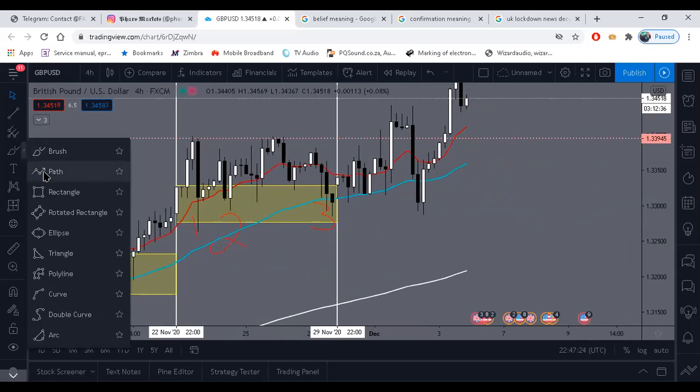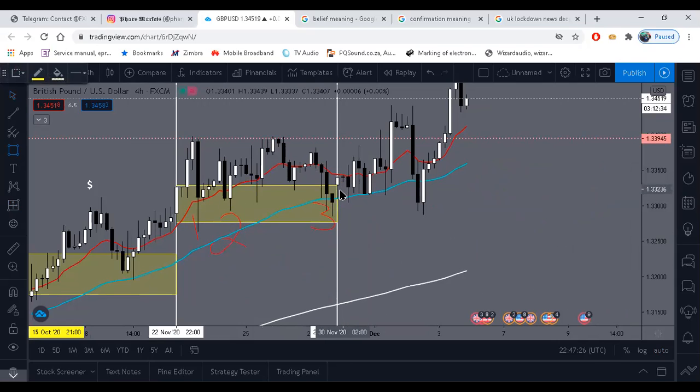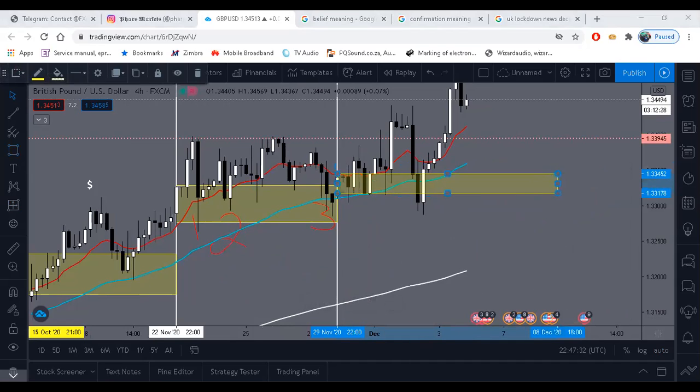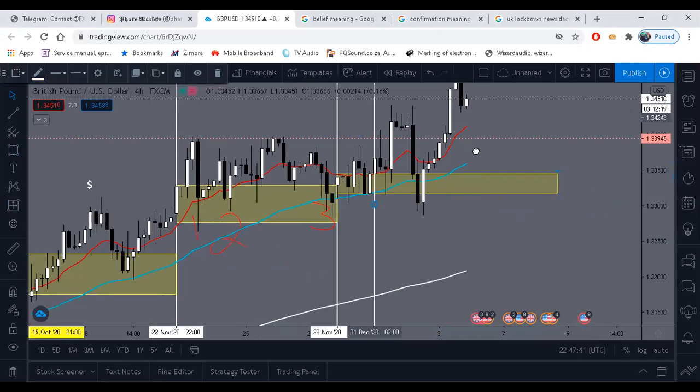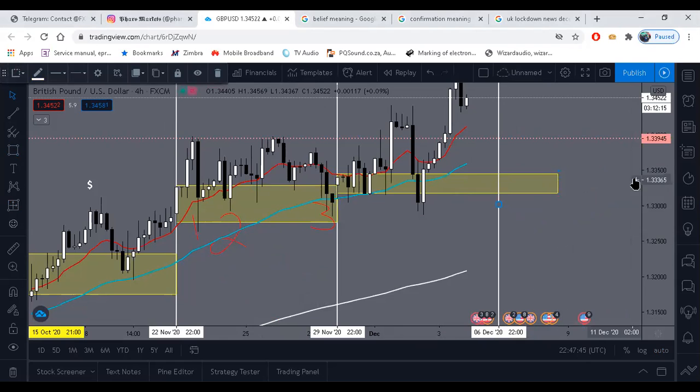Now, if we continue, we have our first 4-hour candles once again. This week ends on the 6th, 7th. Okay. This week ends here.